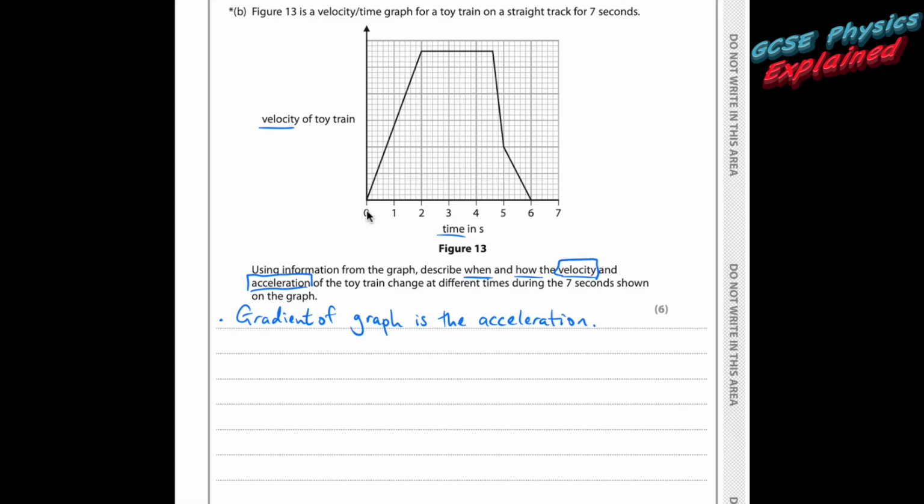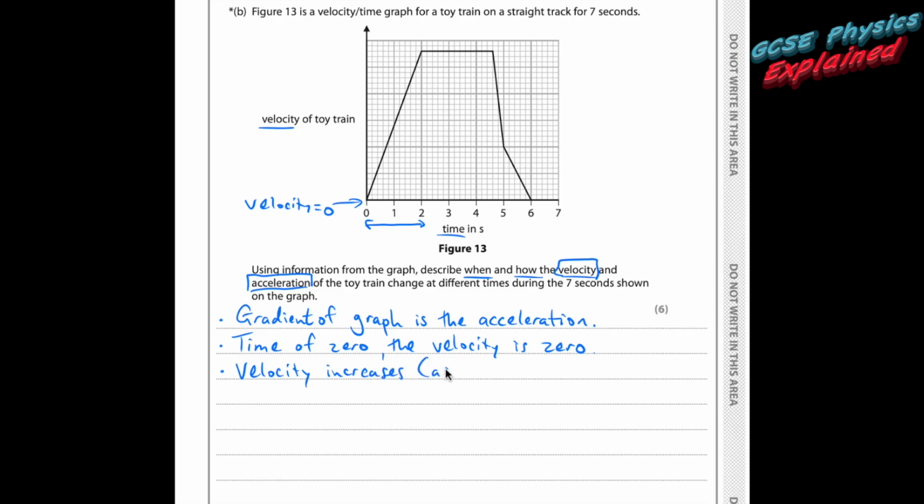Right, so at a time of 0, the velocity equals 0. Right, the velocity increases for the first 2 seconds. So it accelerates for 2 seconds.